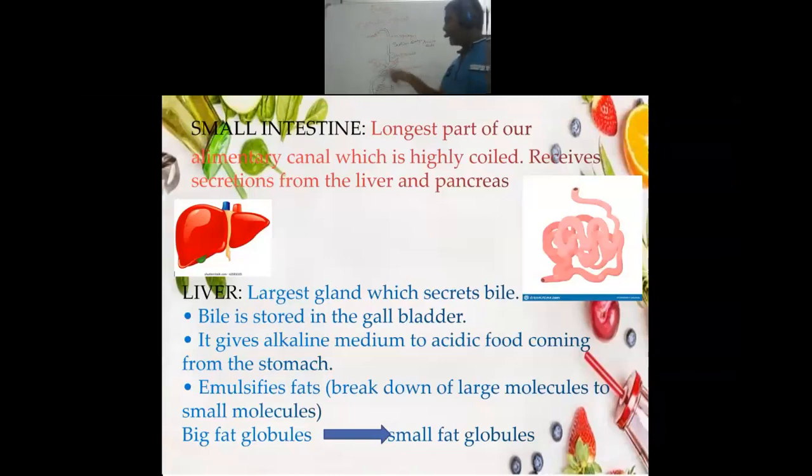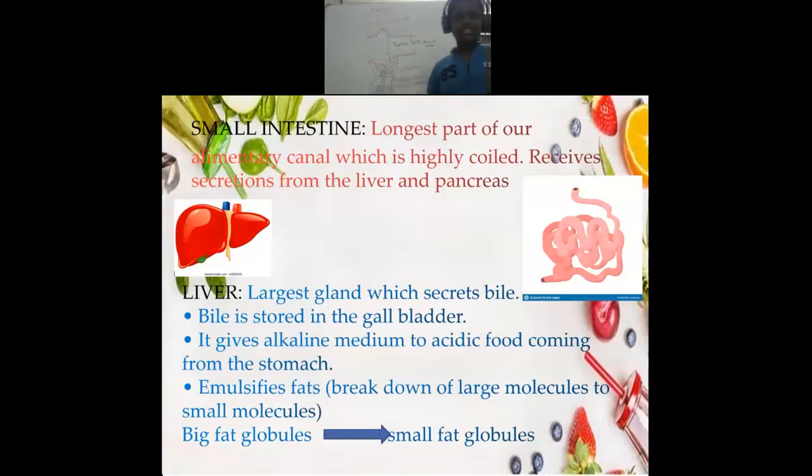This bile juice is then stored in the gallbladder. Here is the gallbladder, where the bile juice is stored.